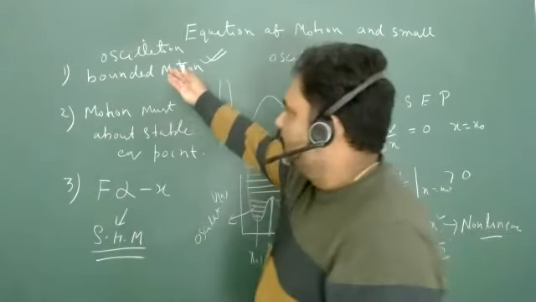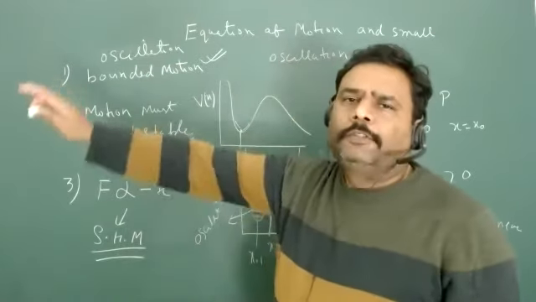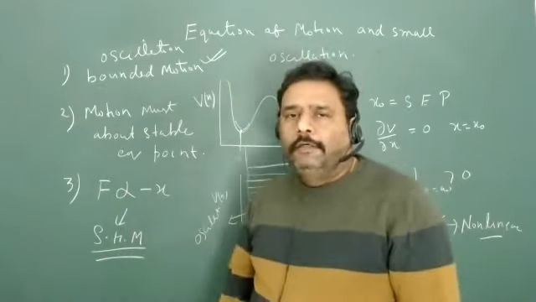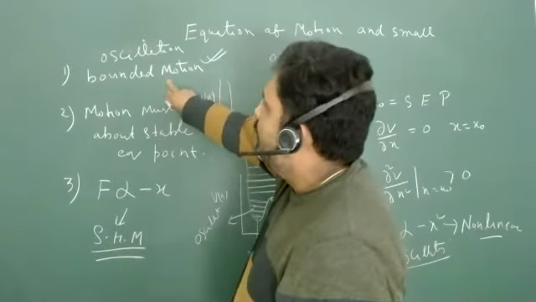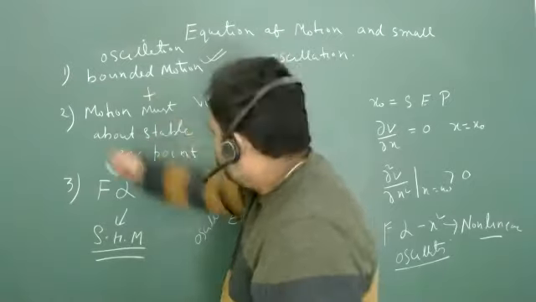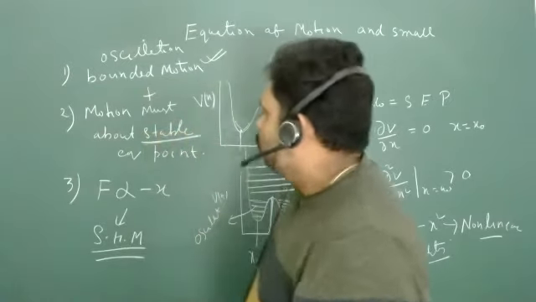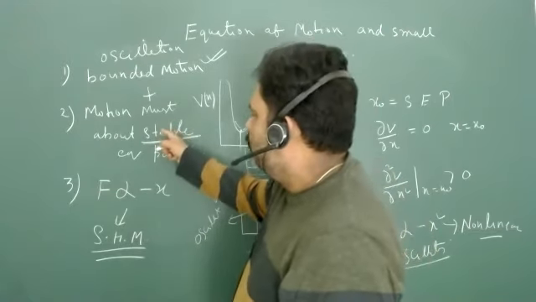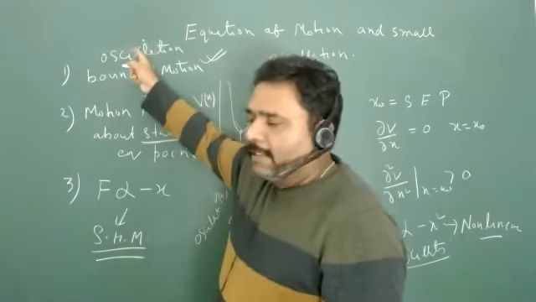So this is the first condition, but it is not enough. There are a lot of bounded motions which cannot be oscillatory in nature. The motion must be bounded and also about a stable equilibrium point. It is a very important thing. Then only can you say this motion is oscillatory.